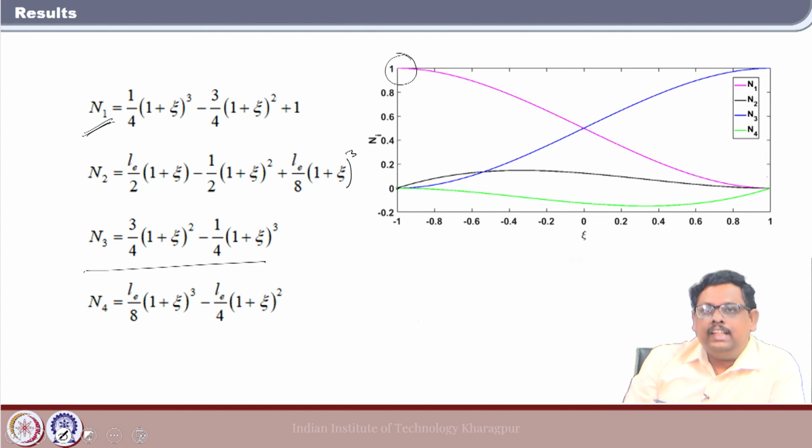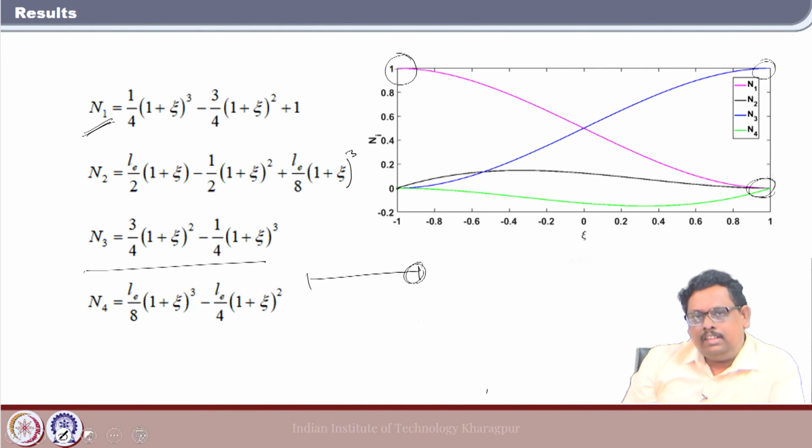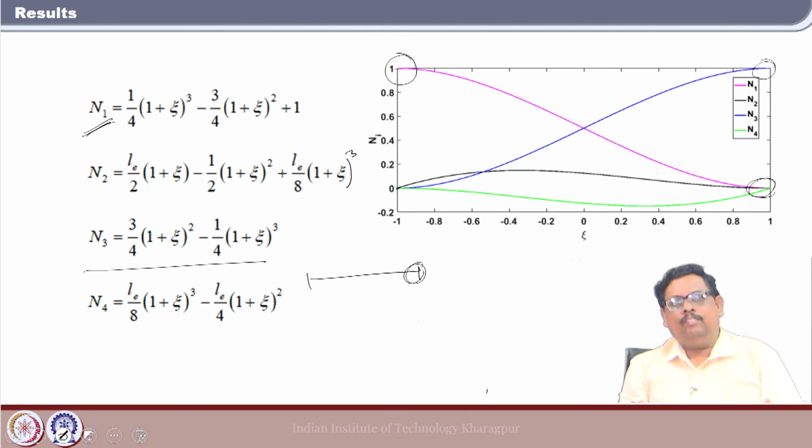For this beam, n 3 has the maximum impact and the remaining terms are 0. The slope has no effect at both ends, the slopes are 0, which satisfies your shear force and bending moment, right. Anyway, let us stop here.